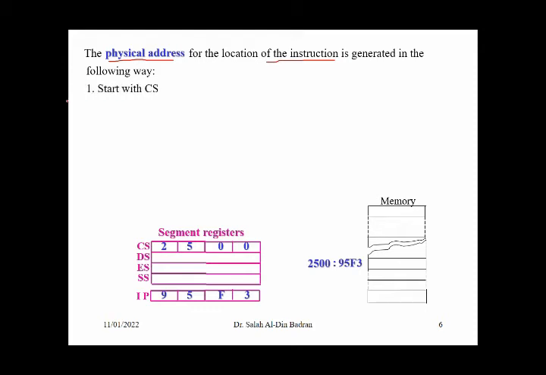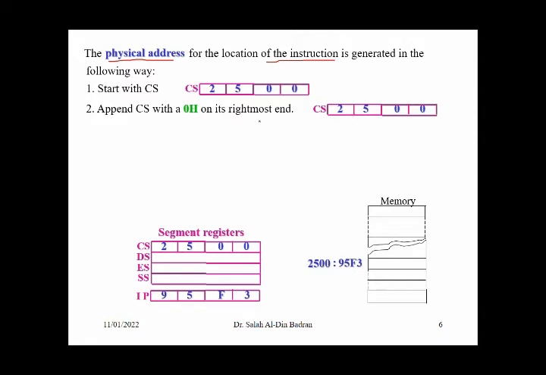For example, we have this number in the code segment. What do we do to find the physical address? The first step, look for the data, the 16-bit number inside CS. This is the first step. Append CS with a 0 in hexa on the rightmost end.